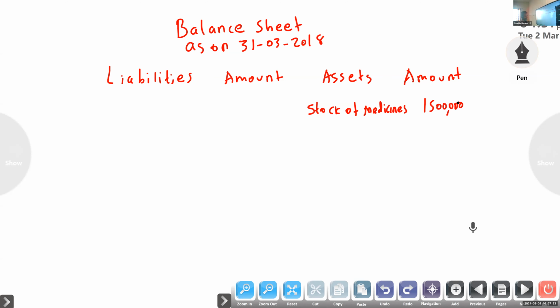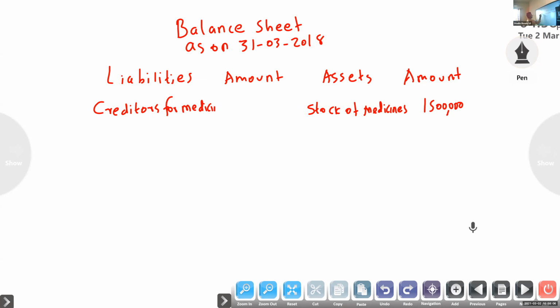Pavitra, asset or liability, creditors? Creditors is liability. We purchased on credit, so liability. Okay, creditors for medicines.